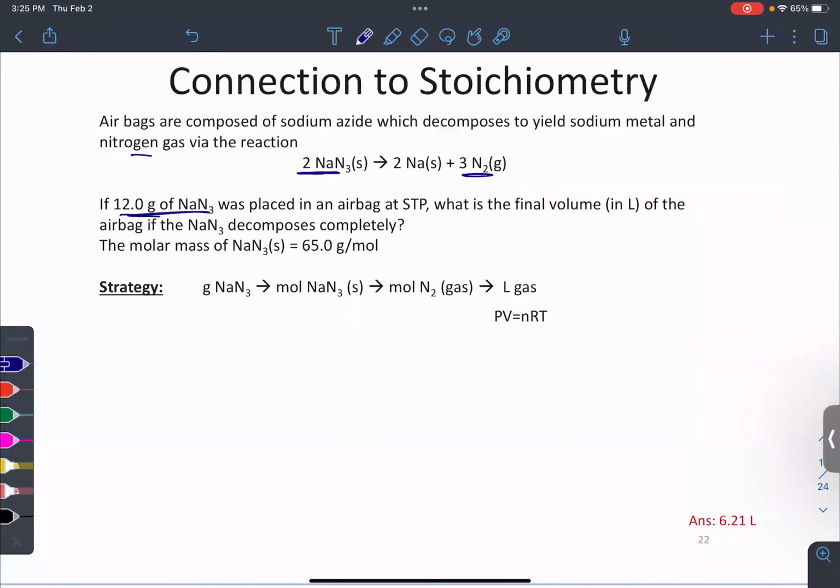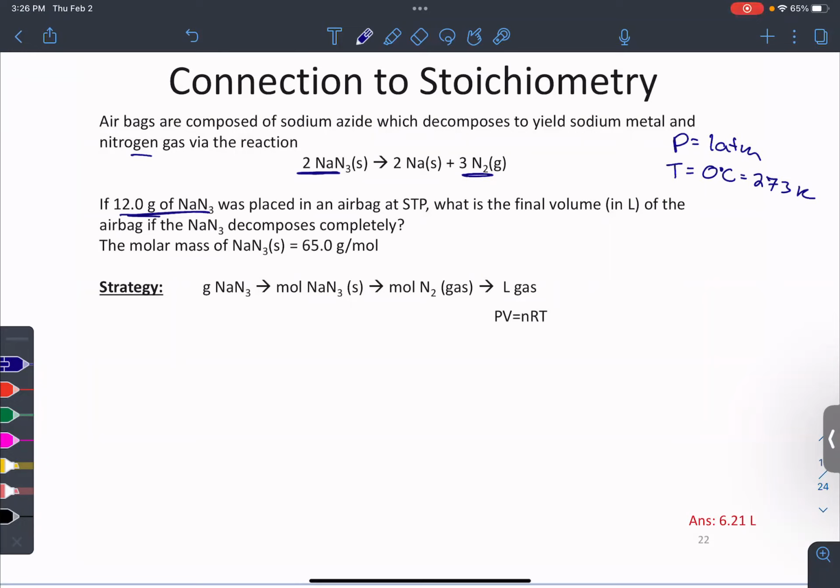STP means standard temperature and pressure. It's just the lazy way of saying the pressure is 1 atmosphere and the temperature is 0 degrees Celsius or 273 Kelvin.